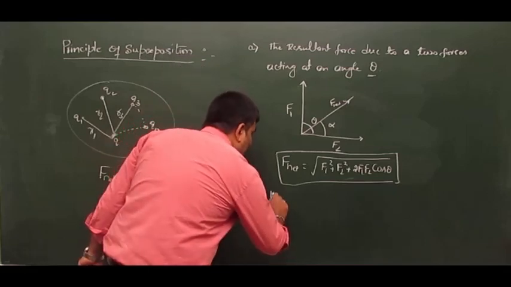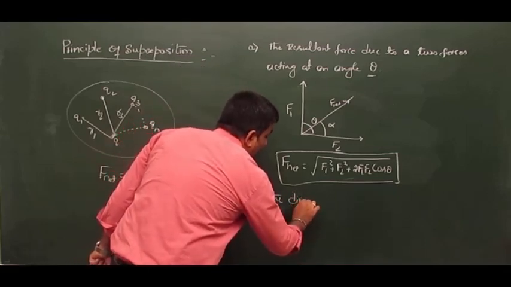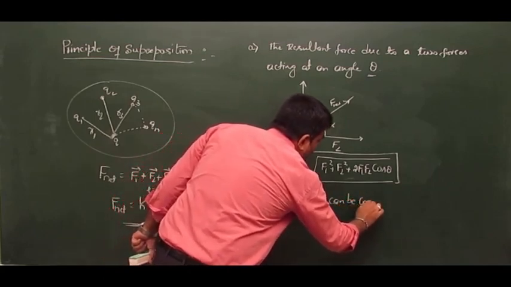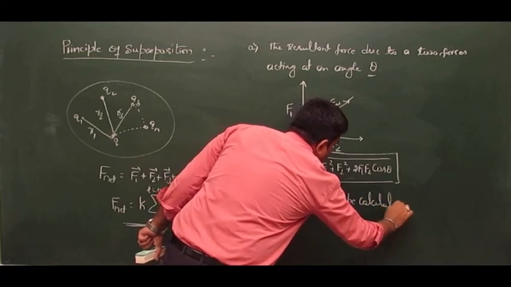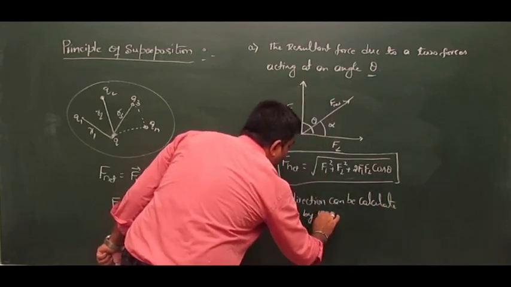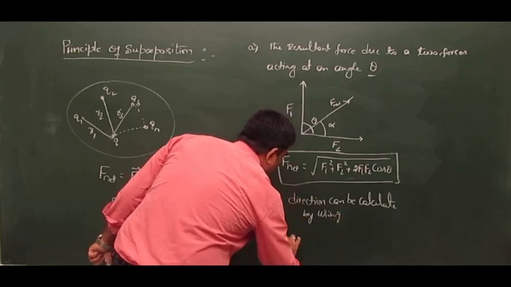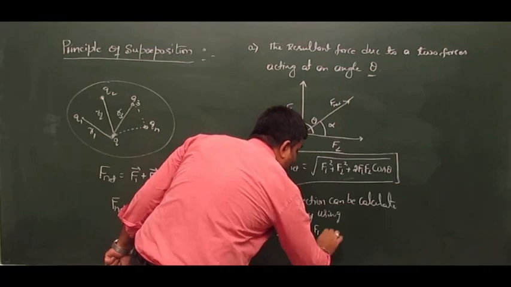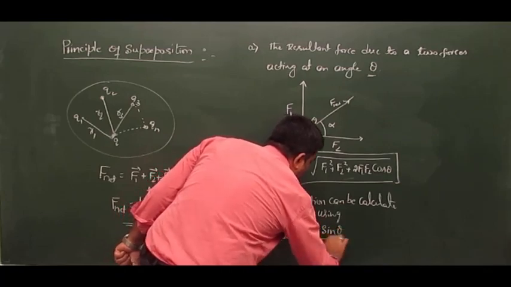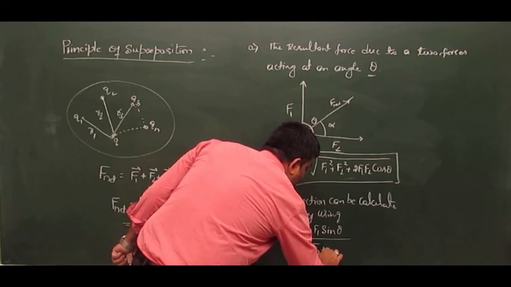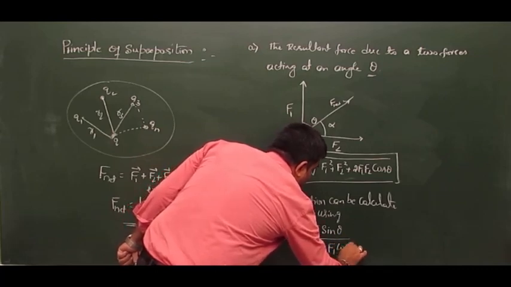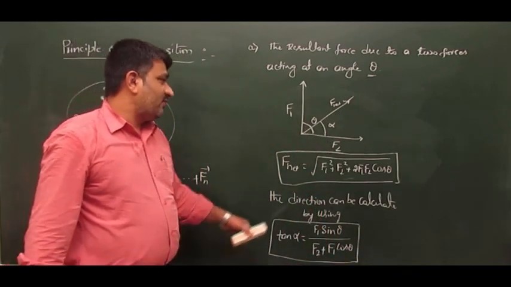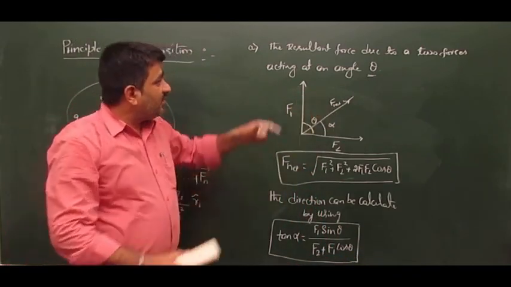The direction can be calculated by using tan alpha is equal to F1 sin theta divided by F2 plus F1 cos theta. This is the expression which is used to calculate the direction of the resultant force when the two forces are acting at an angle theta.